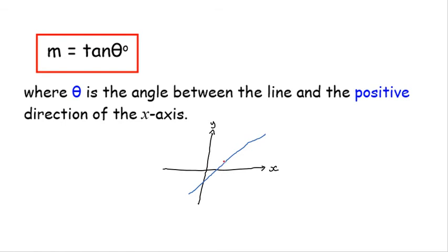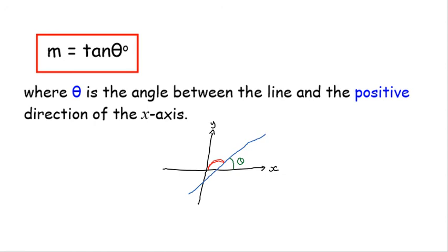So it makes one on the left hand side of it, so like that, and it also makes one on the right hand side. When we use the formula M equals tan theta, we always use the angle to the right hand side of the line and the x-axis, you see the wee arrow there pointing in the positive direction of the x-axis. So that's what it means. So always use the angle to the right of the line.